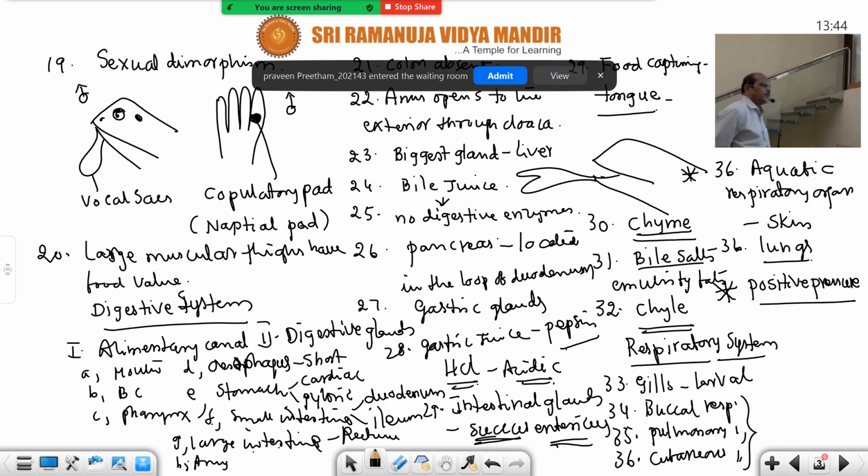Right. So this is the positive pressure lung. Why? How can you define that the frog lung is a positive pressure lung? Because the air is forced into the lungs by raising of the buccal cavity. I can explain that with these diagrams. First of all, this is the first step of inspiration.